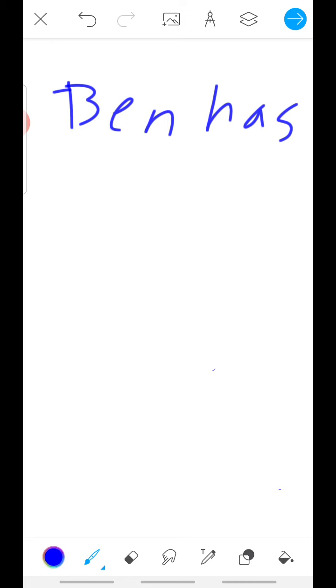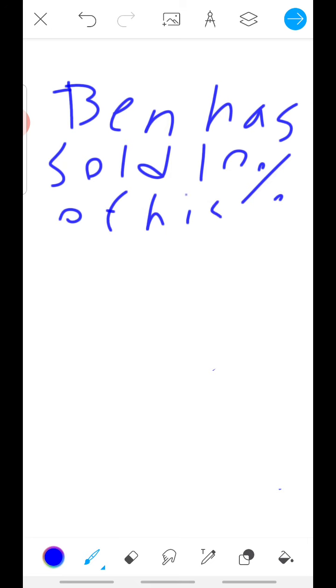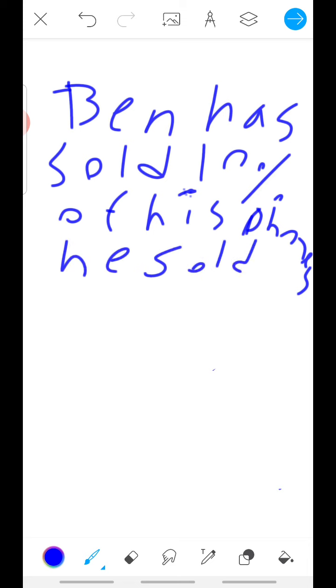So Ben has sold 10% of his phones. Let's say he has a phone shop. He sold 10% of his phones, which was equal to 50 phones.